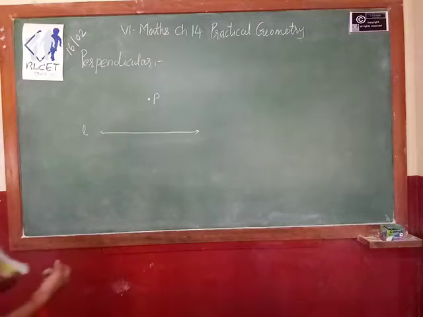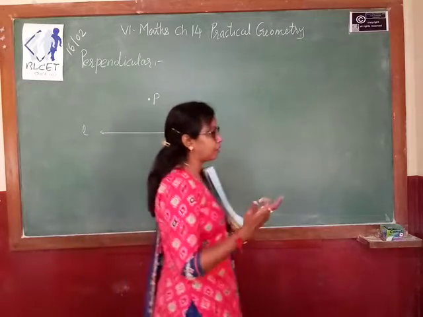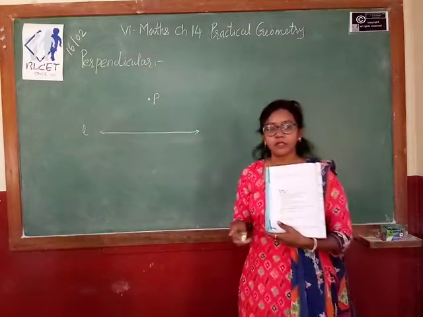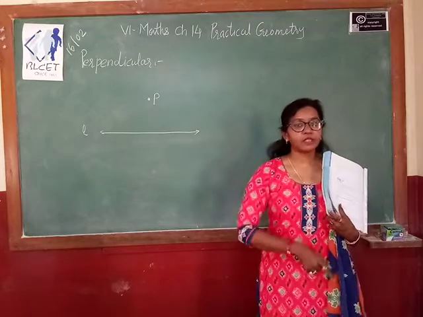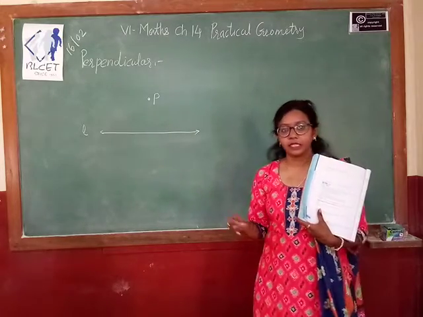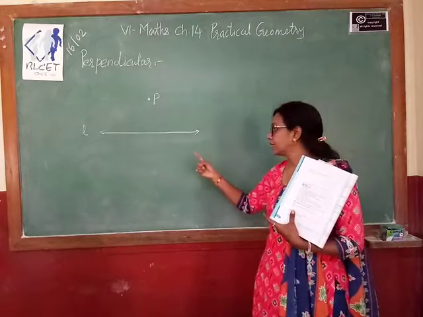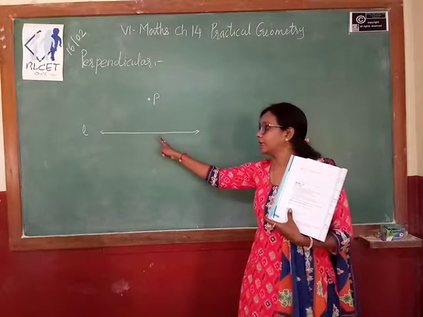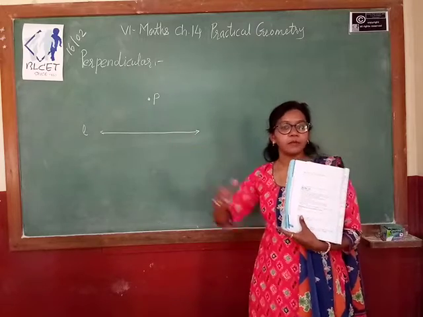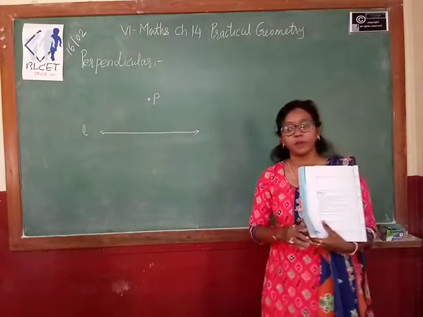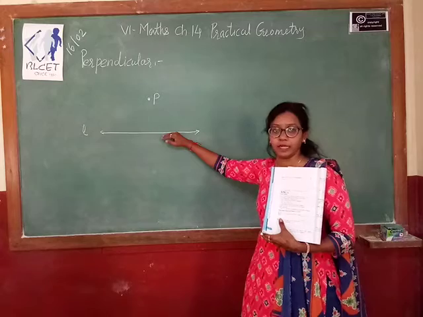Same we have to do. We have to construct a perpendicular, but what is the difference? In the previous two methods we have constructed perpendiculars, but in that construction the point is on the line. Whatever perpendicular we have drawn, that point lies on the same line.